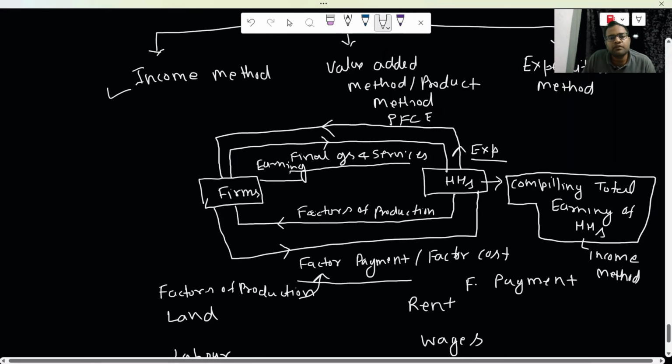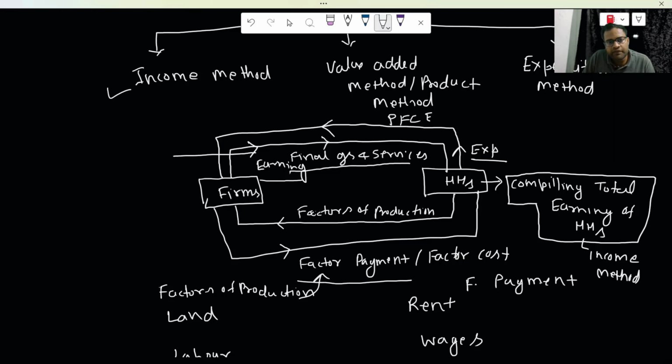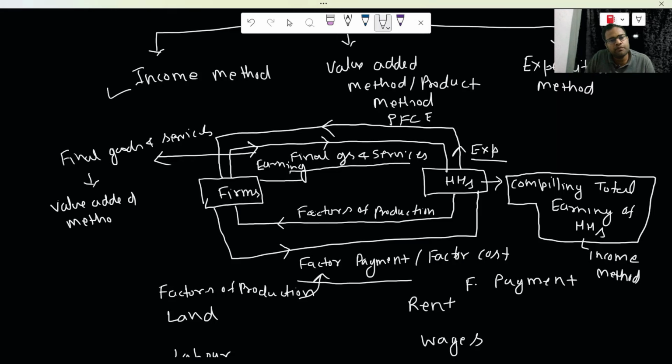Now come to the other thing. If we are calculating national income by the final value of the final goods and services, their final value, that is known as the value added method, or you can say product method.